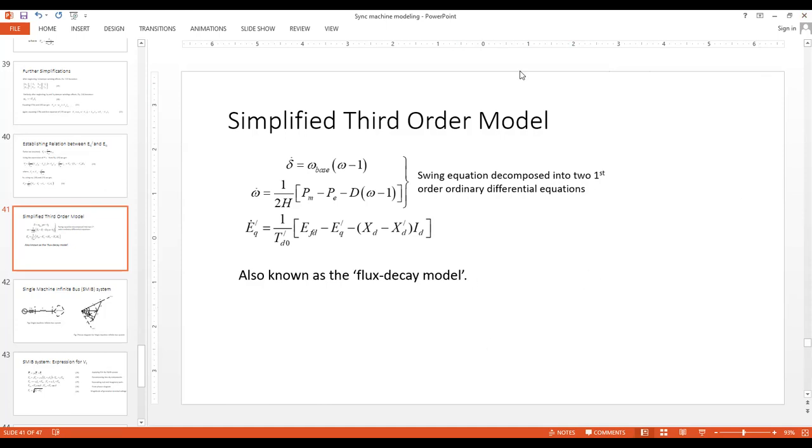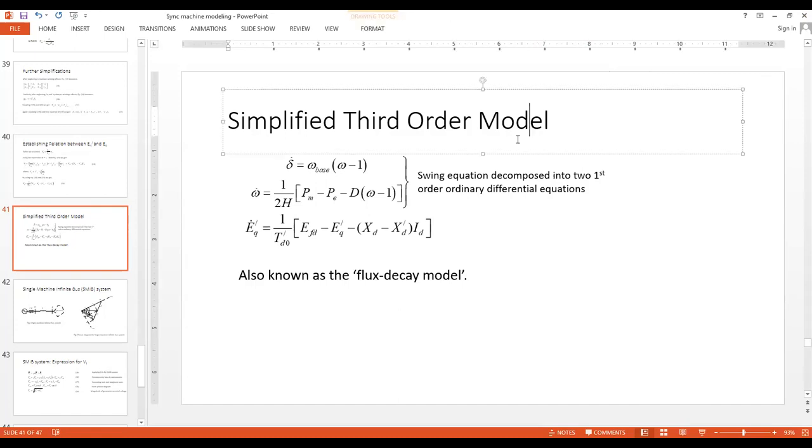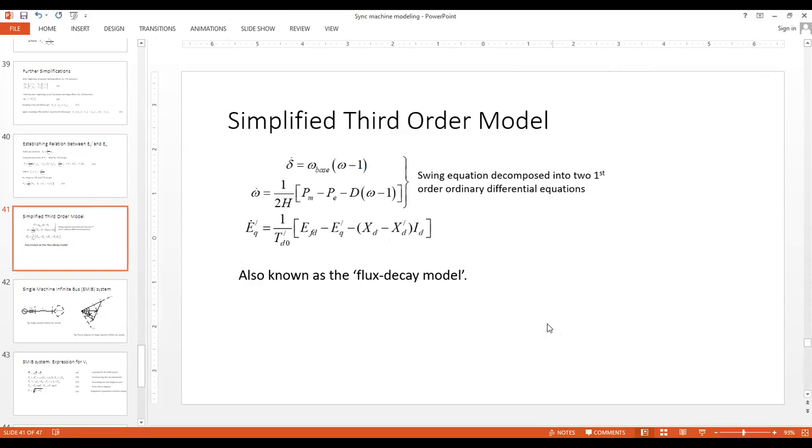Okay, so let's continue. In the last class, we were looking through the process of building the phasor diagram for the single machine infinite bus system having a synchronous machine, which is a third order dynamic model. And we also saw how to calculate the initial conditions.